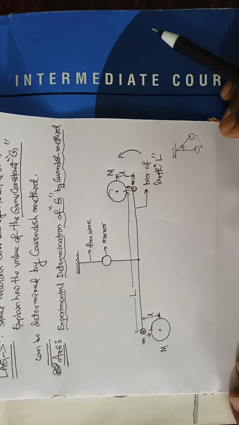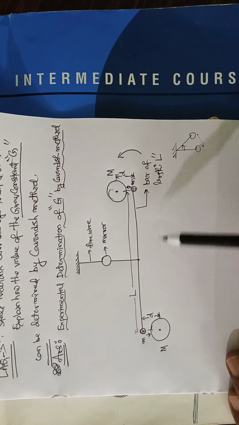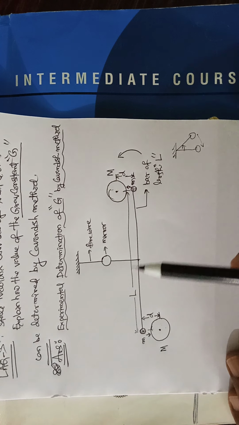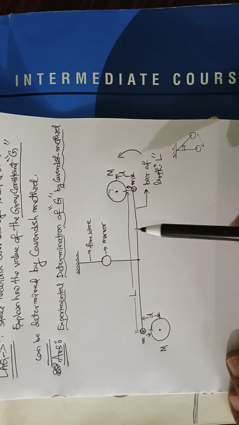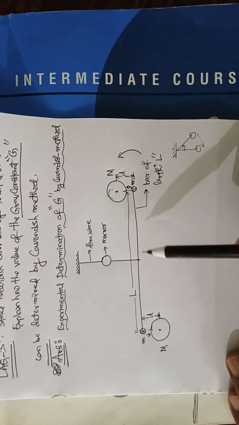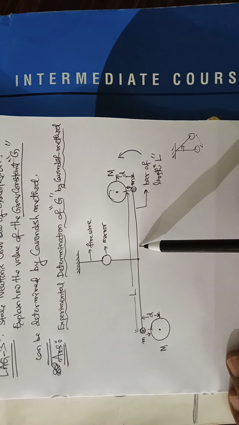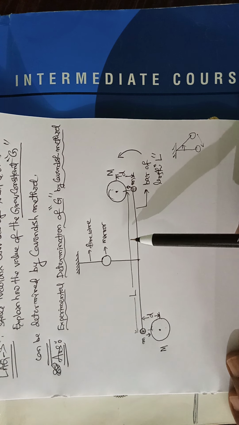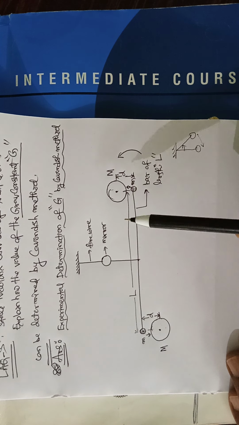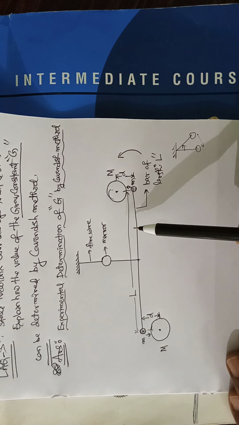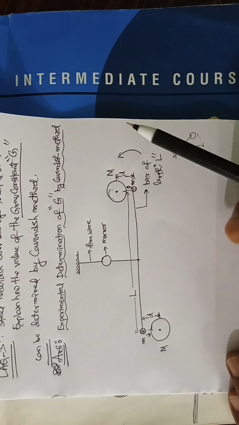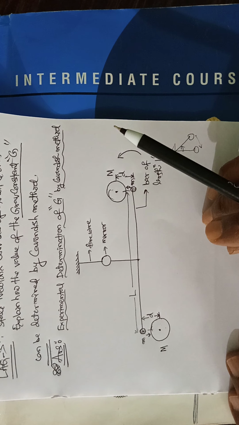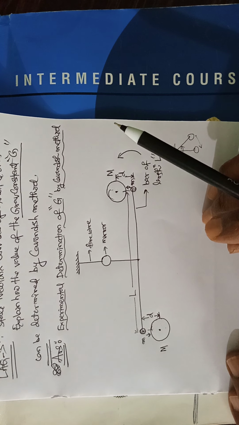So under the action of deflecting torque and restoring torque, an equilibrium position is reached. Our bar gets deflected by some angle theta, and after that it gets balanced and reaches the equilibrium position.